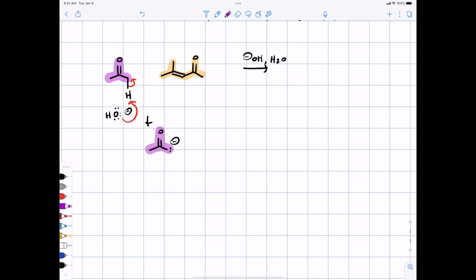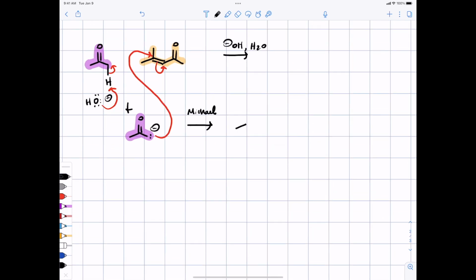Having done that, our enolate is going to do conjugate addition, Michael addition, to the alpha-beta unsaturated carbonyl compound.